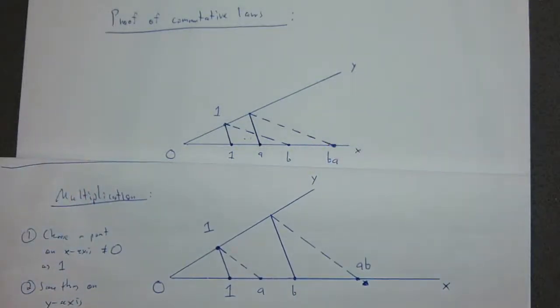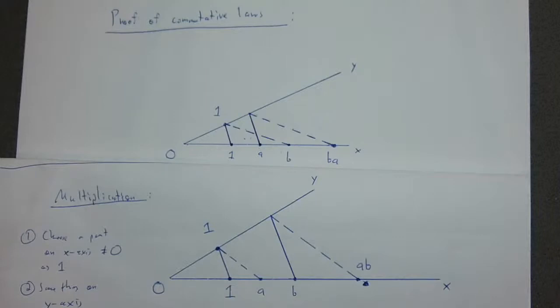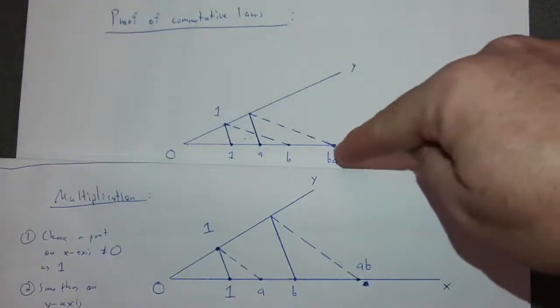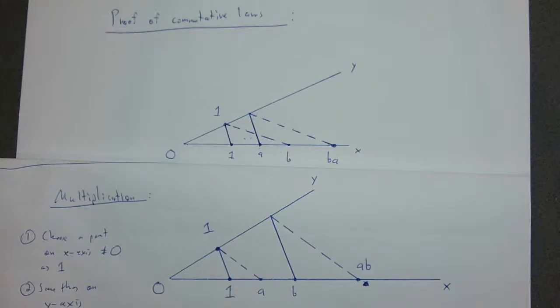Now, seeing them on two different diagrams like this, the idea is these are just different constructions, right? There's no reason a priori to think that these two constructions yield the same point on the x-axis at the end. So this first construction yields the point that we've called A times B. That's how we've defined multiplication here.